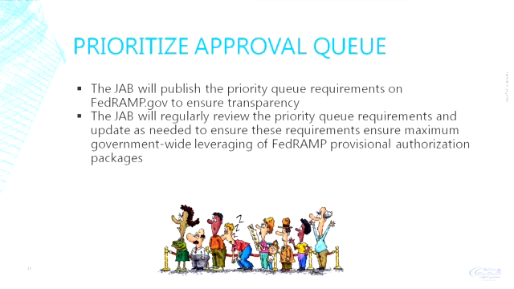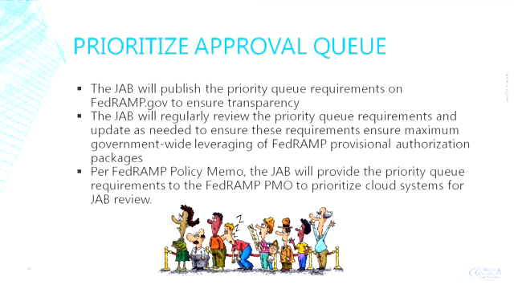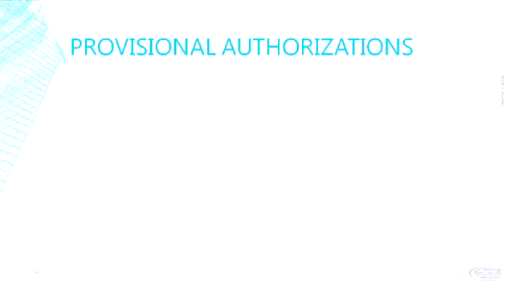It will also regularly review the queue requirements and update them as necessary. The JAB will provide the priority queue requirements to the PMO and will prioritize cloud systems for their review.